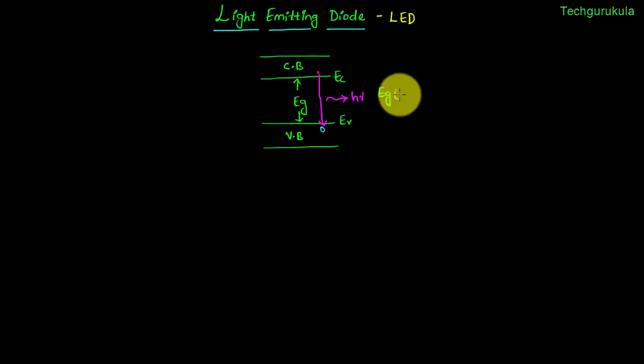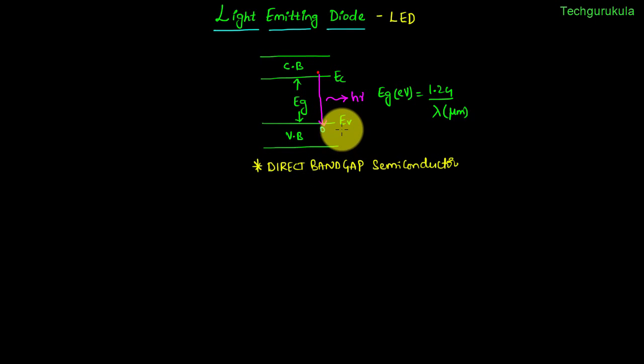If you take Eg in electron volts, it can be written as 1.24 over lambda, assuming lambda is in micrometers. The color of the emitted light would depend on the wavelength, and the wavelength would depend on the energy bandgap Eg. So in order to get a particular color, we need to choose a semiconductor material matching the energy bandgap. So the first point, we mentioned that the semiconductor should be a direct bandgap semiconductor.